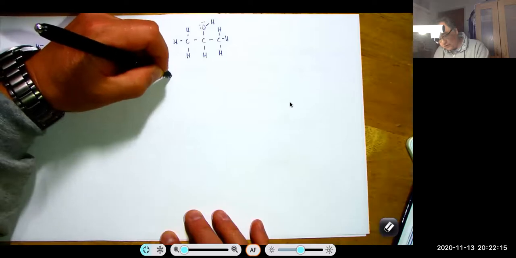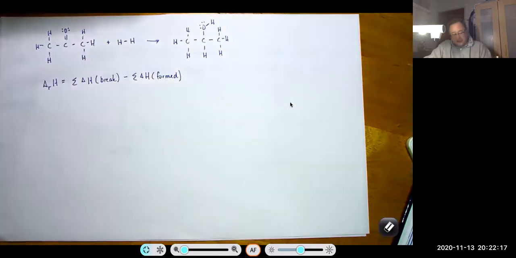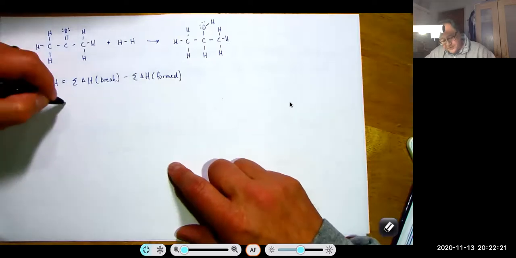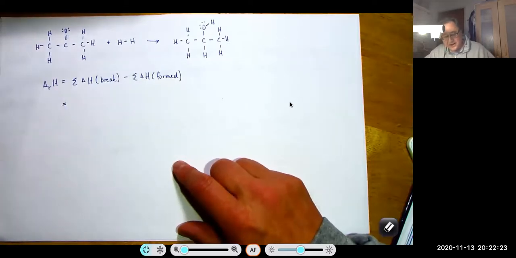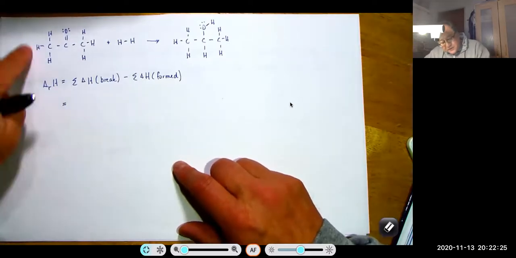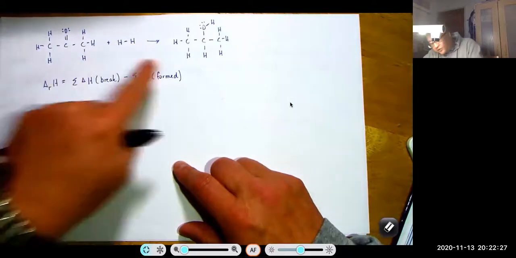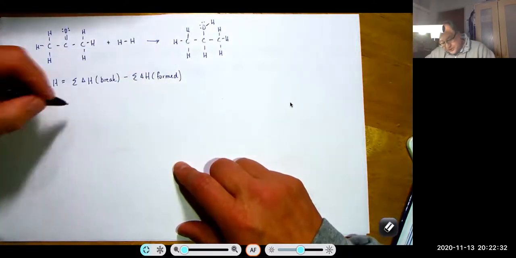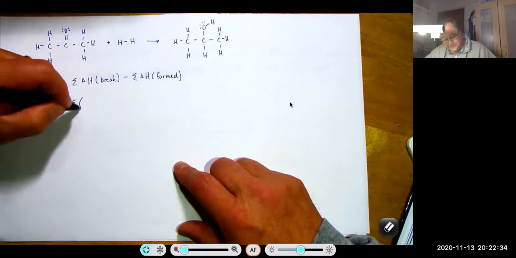So when the bonds form, it releases energy, which is a negative. Okay, so for this, we have to look at all the bonds that are going to break. And the idea is that we break every single bond here, and then we just reassemble it and make all of these bonds. So let's take a look at the bonds that we're going to break.